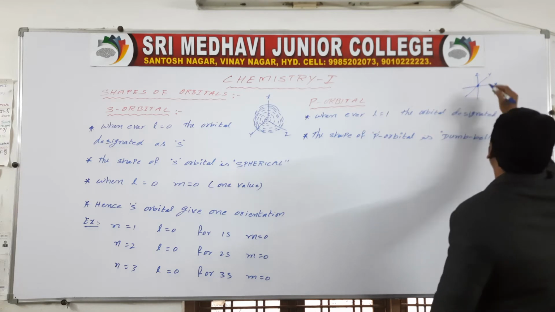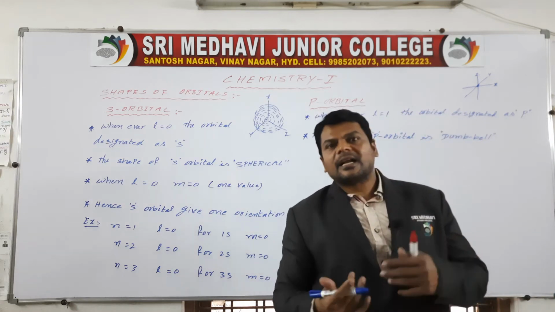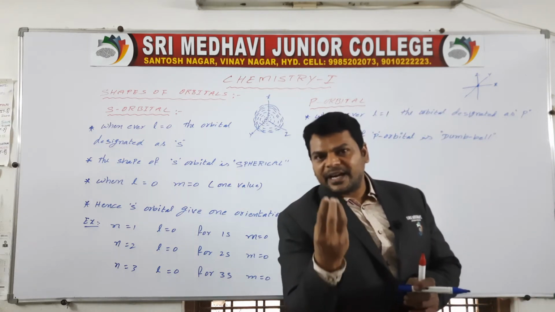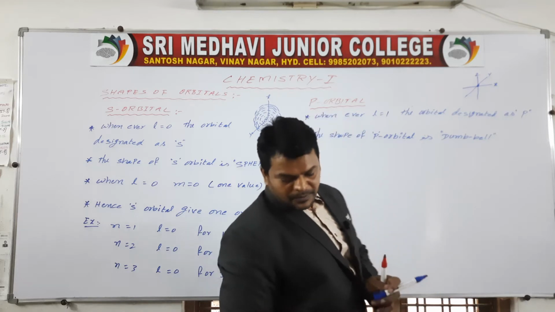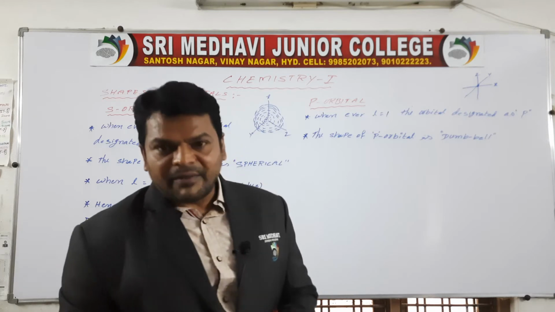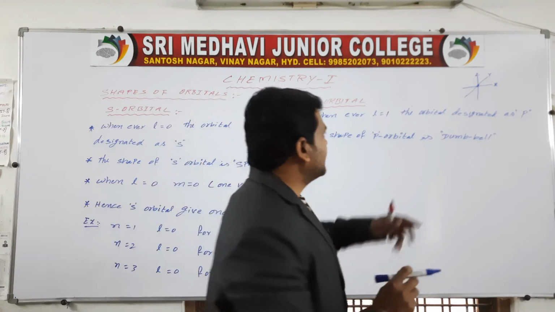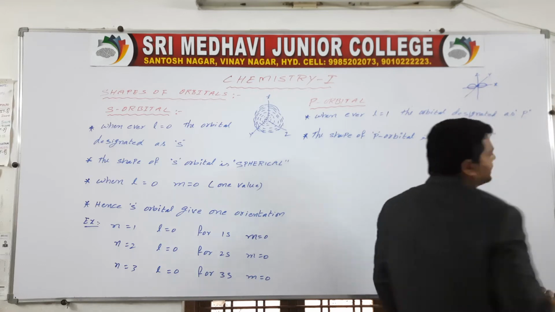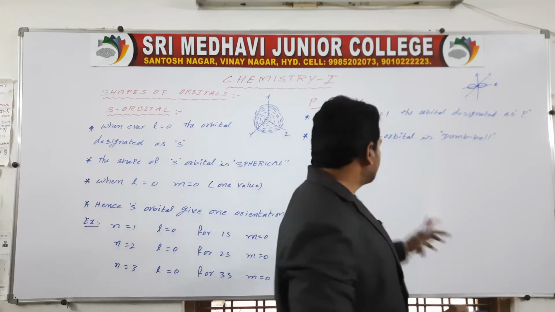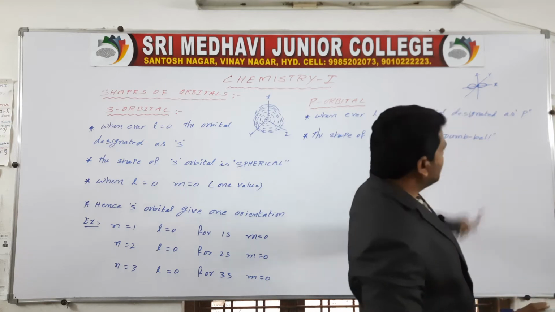The electron cloud is oriented on both sides of the nucleus. It forms two lobes, either side of the nucleus, like this. That's why the shape of the p orbital is a dumbbell.